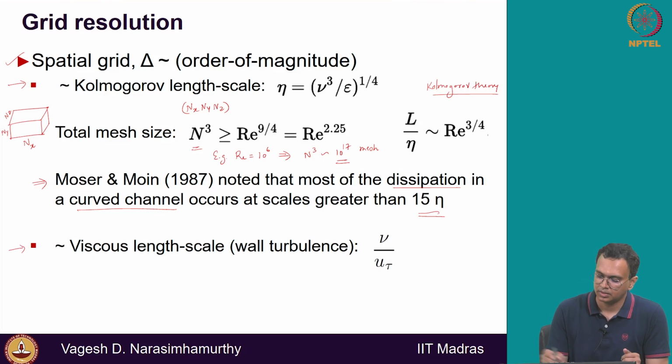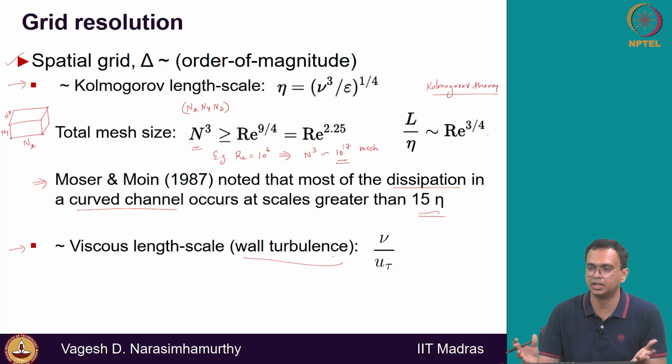So you can also compare your mesh size with the viscous length scale nu by u star, provided you are working with wall turbulence. If you have jets, wakes, mixing layer like open flows, then it is better to compare with the Kolmogorov length scale. Only if you have a wall bounded flow, a boundary layer flow, or wherever wall turbulence is present, can you use this viscous length scale nu by u star.